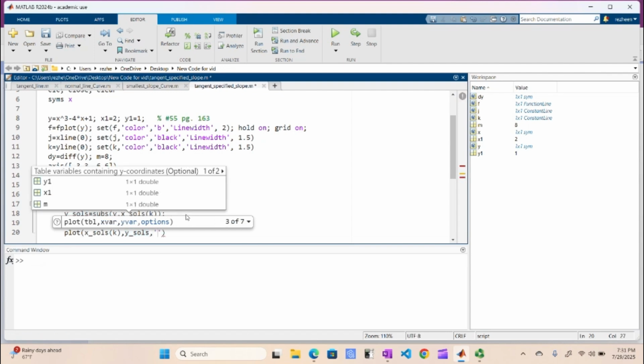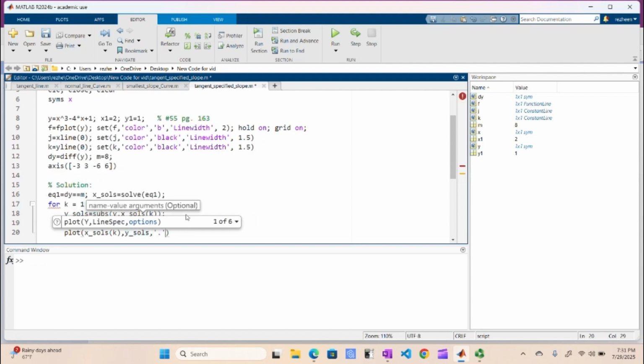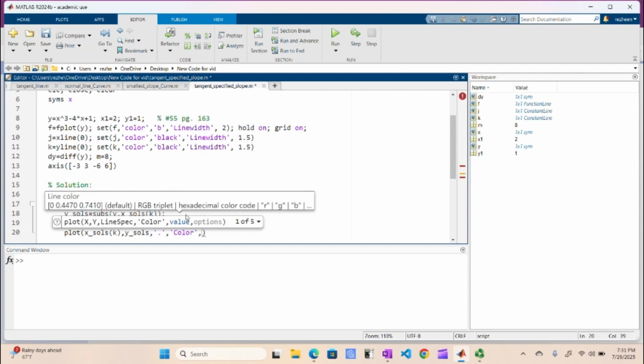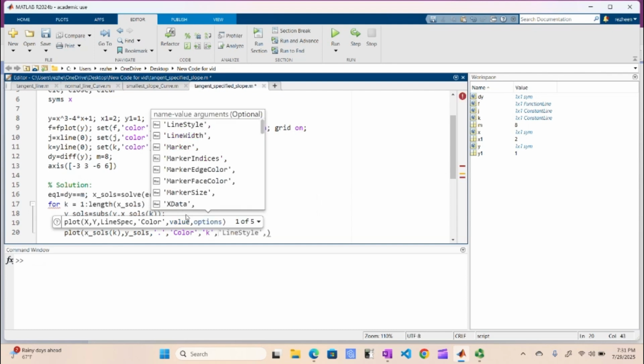Let's make the color red. Actually, let's make it black. So we're going to say black, and marker size 18.